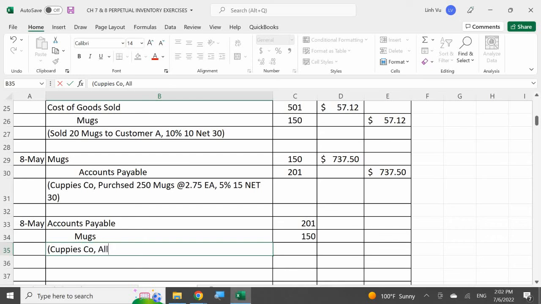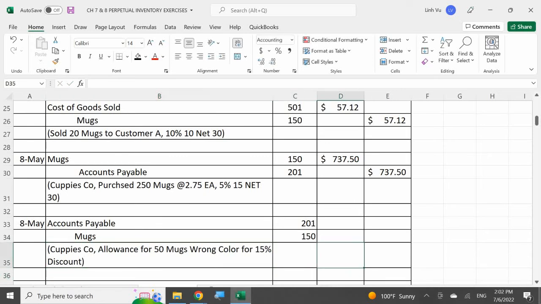So in this case, I'm going to get an allowance for 50 mugs, wrong color, for a 15% discount. So that's exactly right.